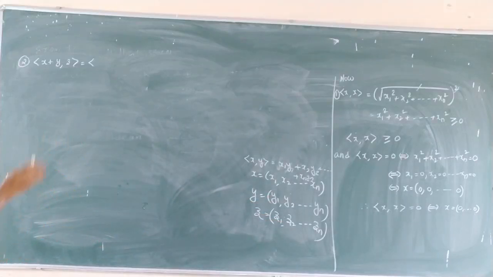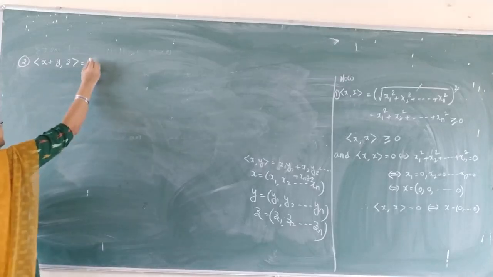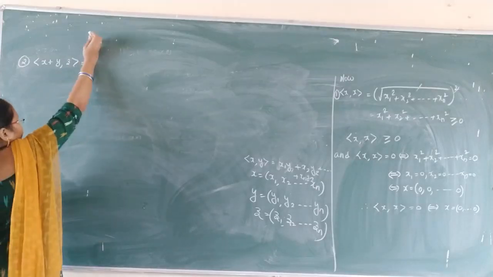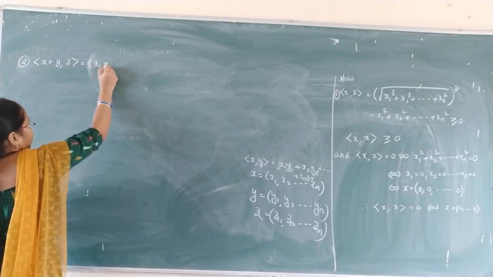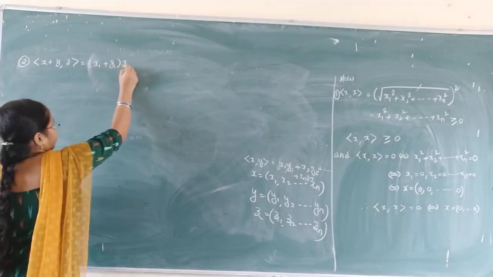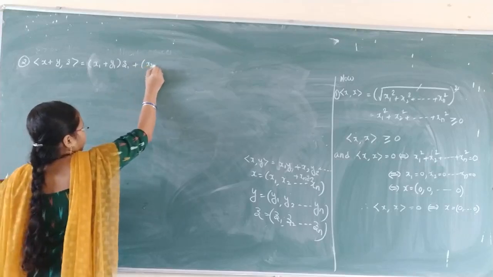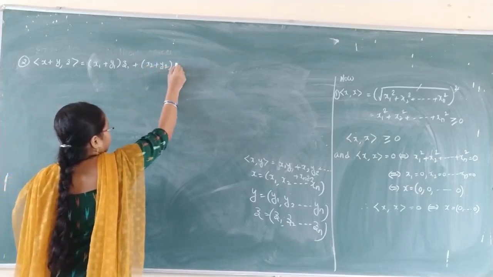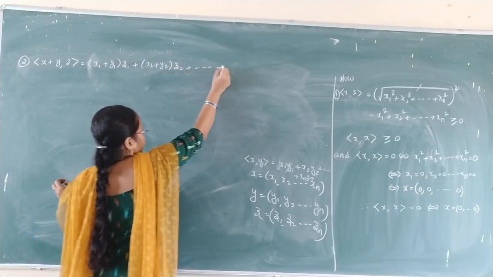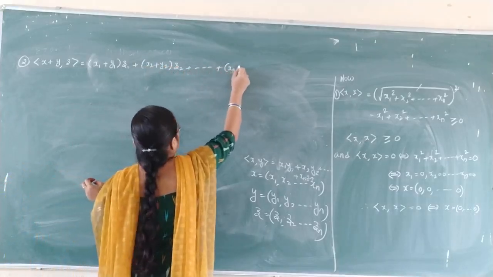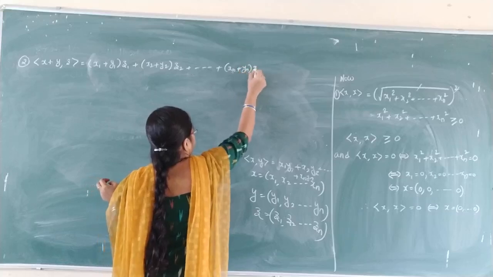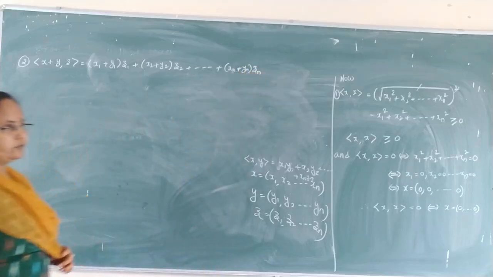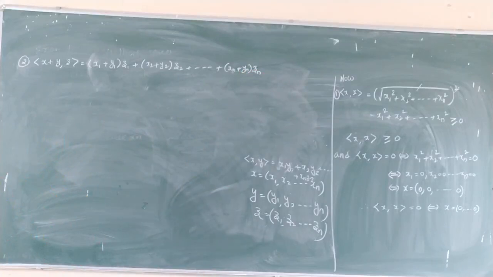So here this expression will be directly x1 plus y1 into our first term z1 plus x2 plus y2 into z2, so on plus xn plus yn into zn. Now here we have to multiply and write the separate terms.